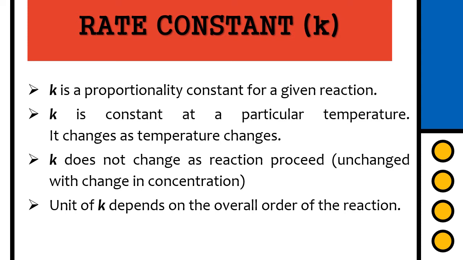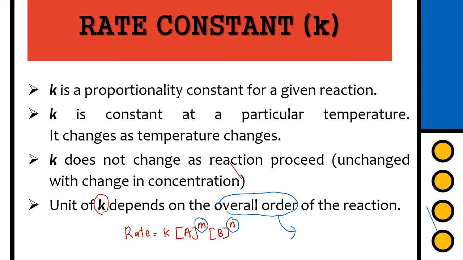Like from the previous slide, where we have rate equals k, concentration of A to the power of m, and concentration of B to the power of n, the unit of k depends on the overall order of reaction. To find the overall order, we add all the orders of reaction in our rate law, which is m plus n.